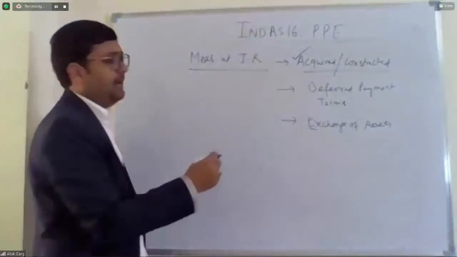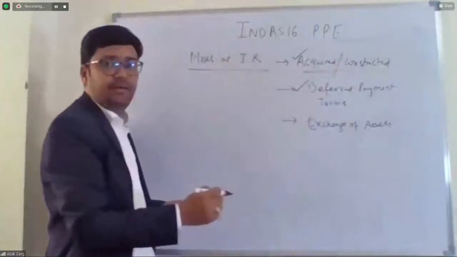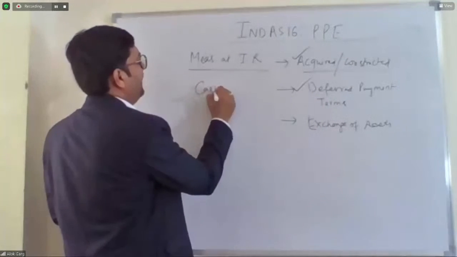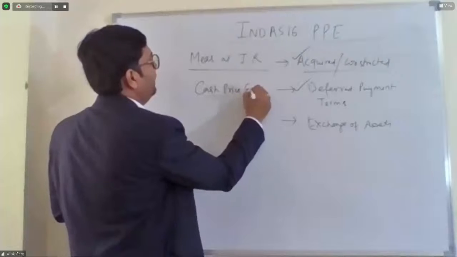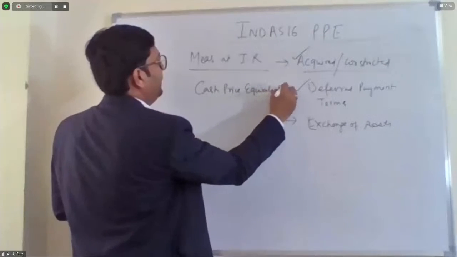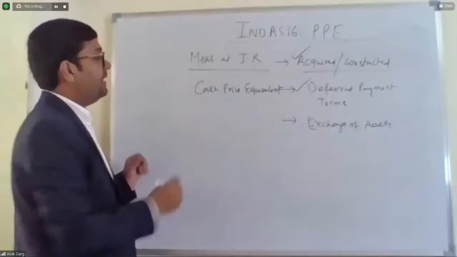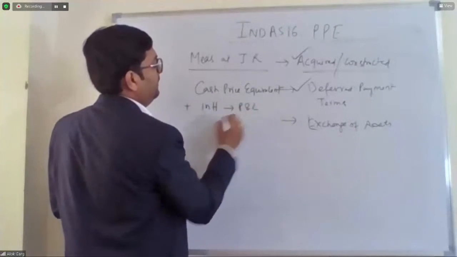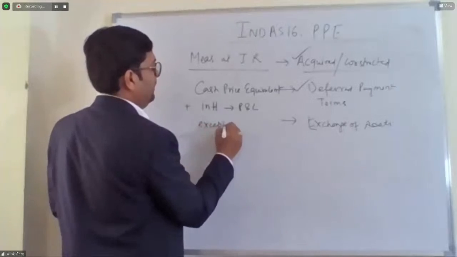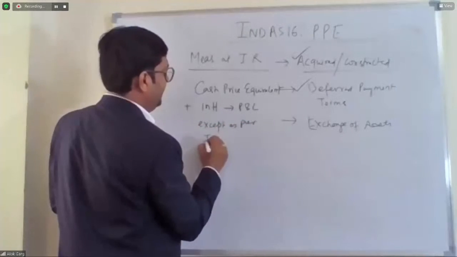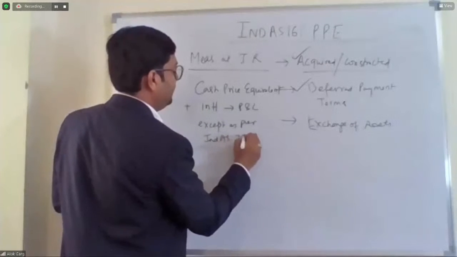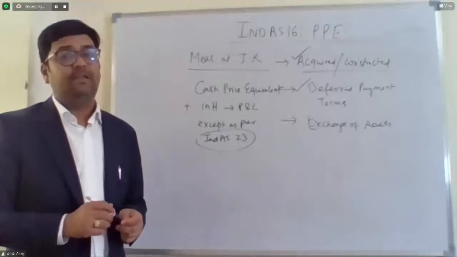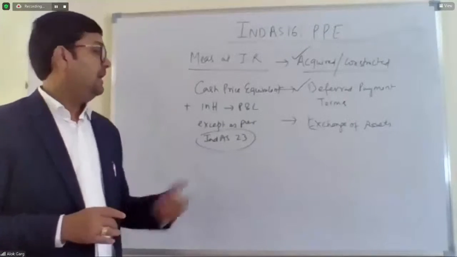If it is on deferred payment terms, then the asset has to be recognized at cash price equivalent. And interest is required to be charged to P&L, except as per Ind AS 23, which is the borrowing cost standard. If the underlying asset is a qualifying asset, then it is required to be capitalized, otherwise not.